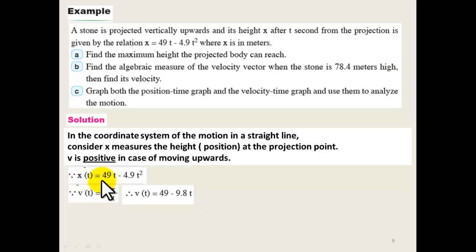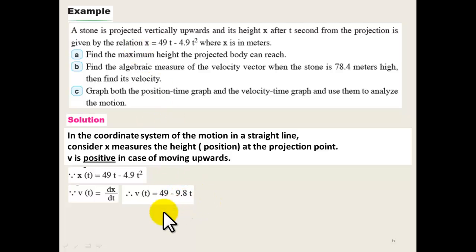What's the derivative of 49t? It is 49. And 2 multiplied by 4.9 is 9.8t; we subtract 1 from the power 2. So V as a function of t equals 49 minus 9.8t.